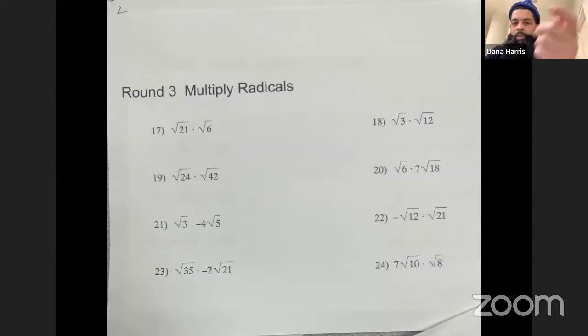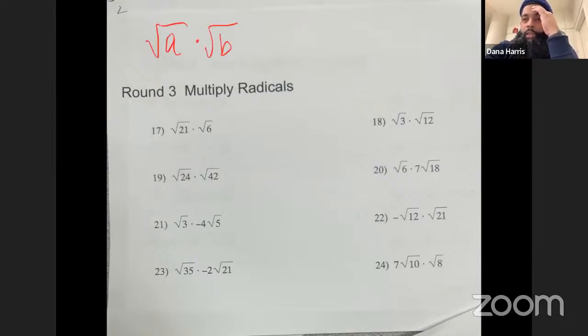I know last video, but this space with this coming from the worksheet is kind of tough. So we have square root of 21 times square root of 7. Now there is a rule that says if I have the square root of A times the square root of B, then I can say the square root of A times B. Okay, so what that's saying is you can multiply the numbers under the radical.